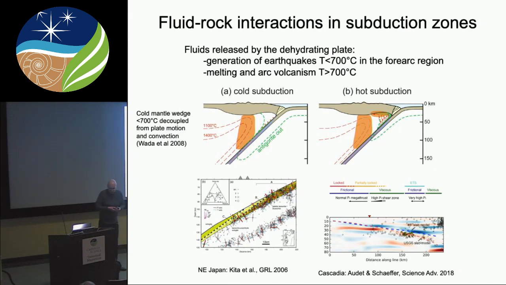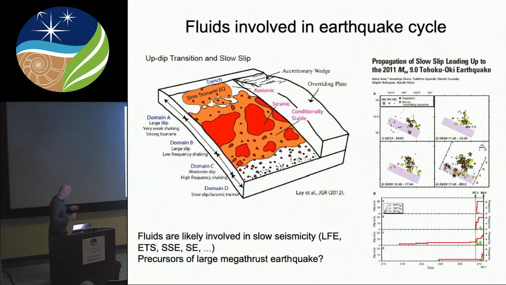So one of the motivations of the work I'm carrying on is to understand why these zones are decoupled and how properties of material can explain that. So I do experiments to study that.